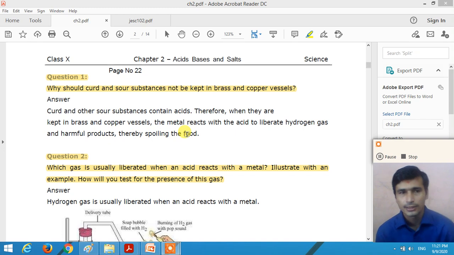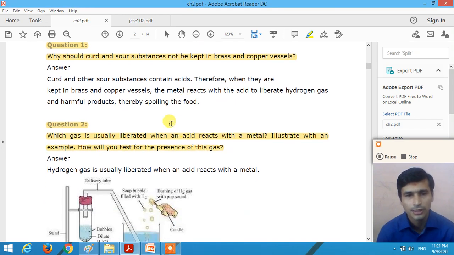Dear student, we know that when acid reacts with metals like copper, brass and other metals, it produces hydrogen gas and harmful products, and thereby spoils the food.